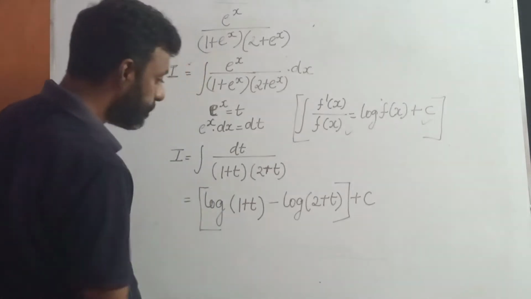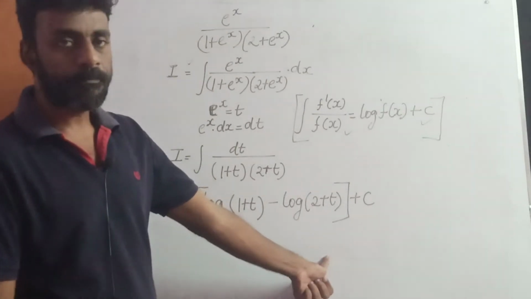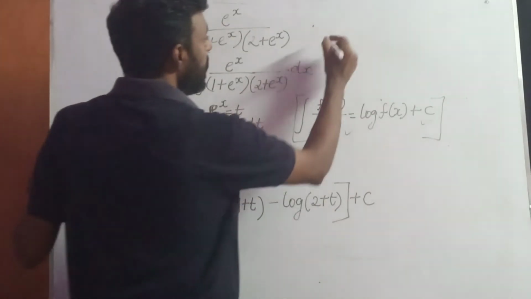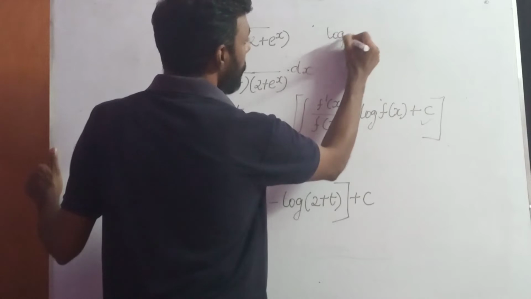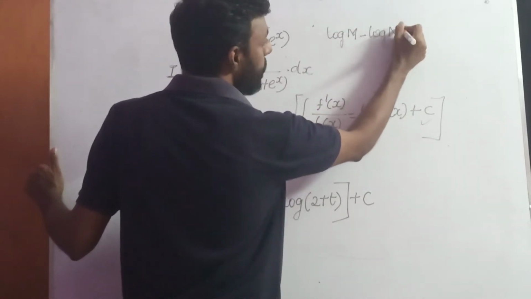So what is log of 1 plus t minus log of 2 plus t? This is in logarithmic form. So we know a formula: log m minus log n. What is log m minus log n?